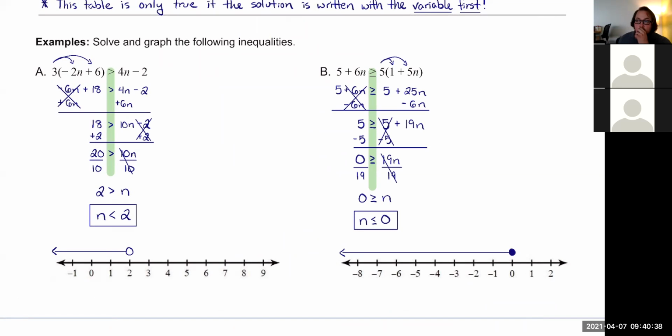Now, the notes today could have been significantly longer, and we could have done lots of single inequalities. That would have, in my opinion, gotten really boring really quickly, especially since that's part of what the assignment is today. And most of it is just review from yesterday. So I figured, let's not do too many of these.